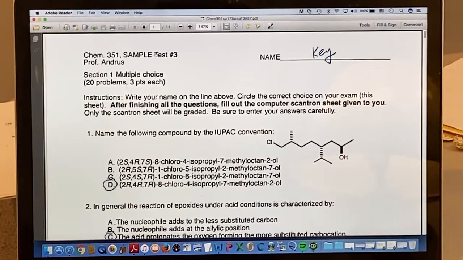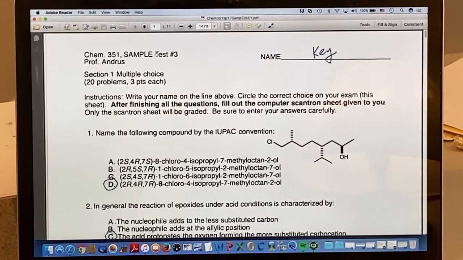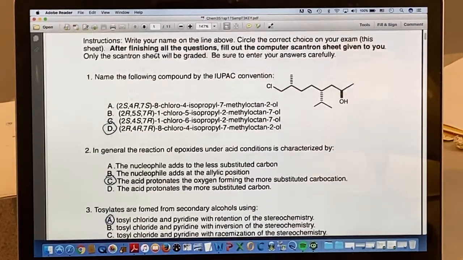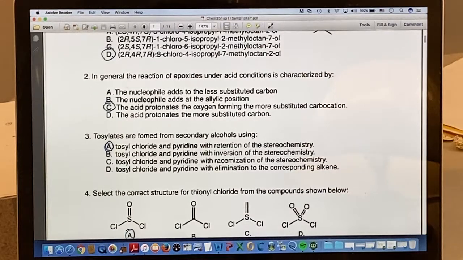So what do you see here? Yeah, I think this first page is some nomenclature, some general ideas here, reactions of epoxides. I guarantee you there'll be some sort of epoxide reactions on our test. Under acidic conditions, the acid protonates the oxygen, and then it forms the more substituted carbocation.